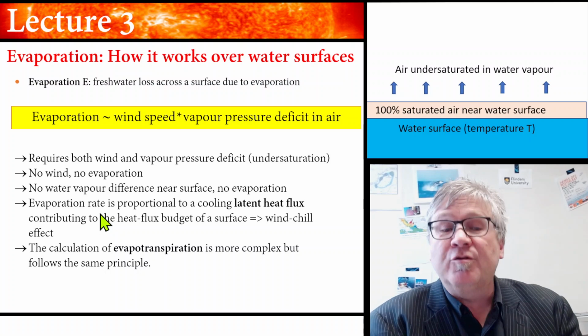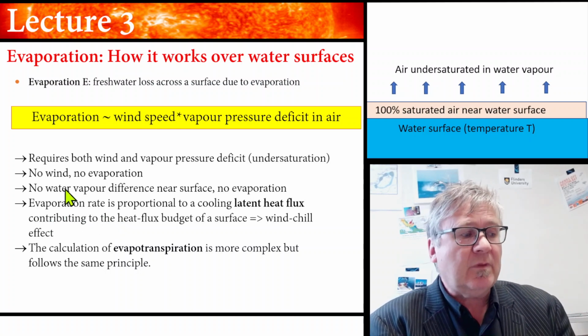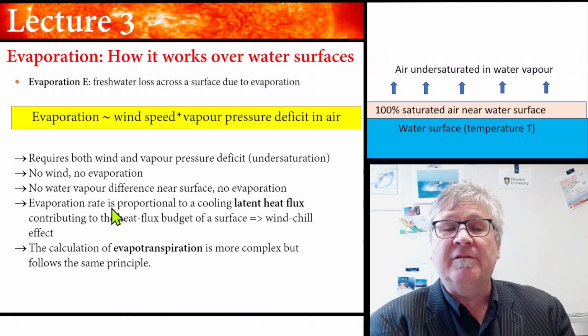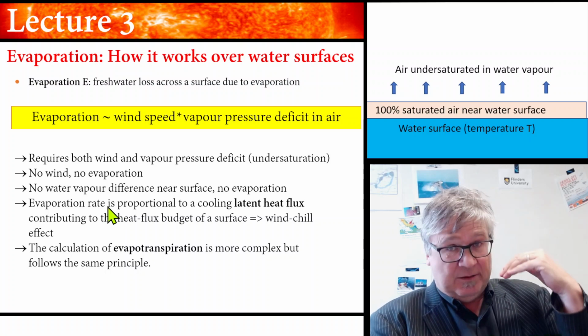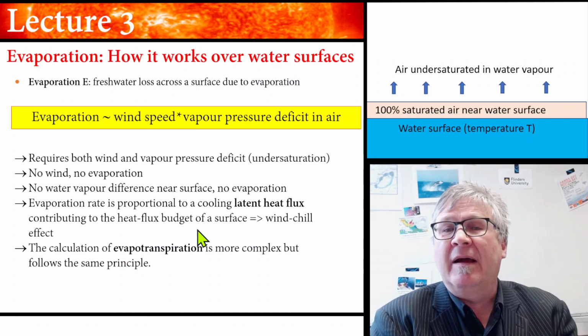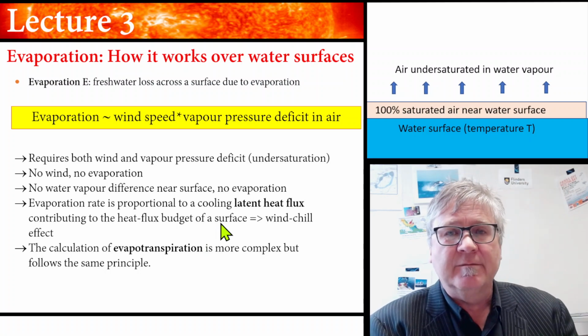There's a little bit more to it, because the evaporation rate involves a heat flux. It's called a latent heat flux, and it implies a cooling effect. Okay, you might have heard of this effect. It's called the wind chill effect.